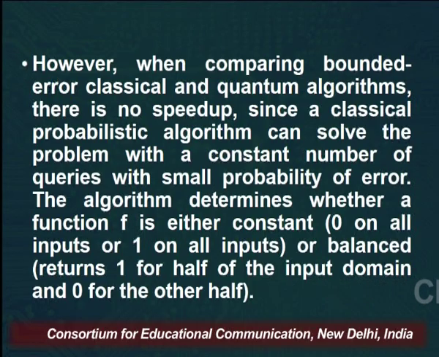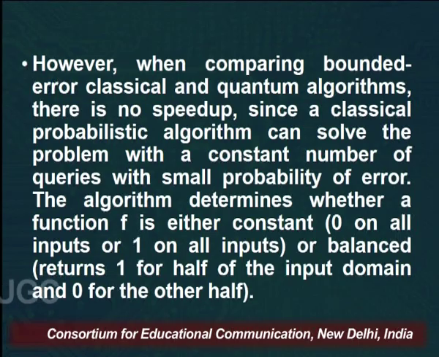The algorithm determines whether a function f is either constant or balanced, so we can have two kinds of output. Constant output is 0 on all inputs or 1 on all inputs, while balanced returns 1 for half of the input domain and 0 for the other half.